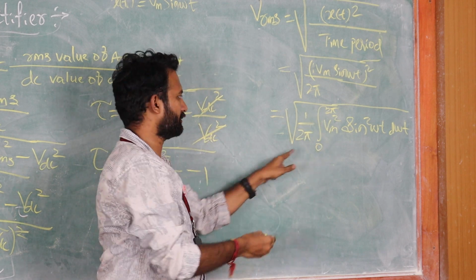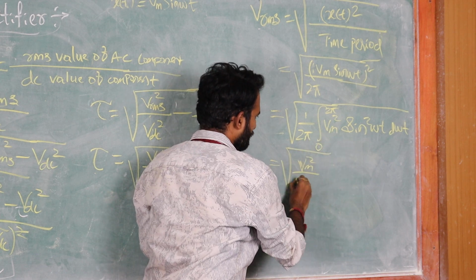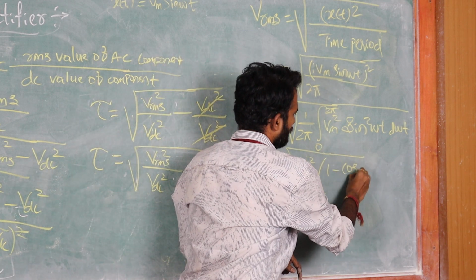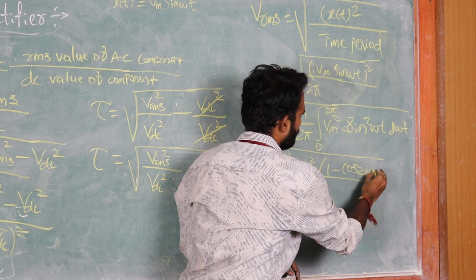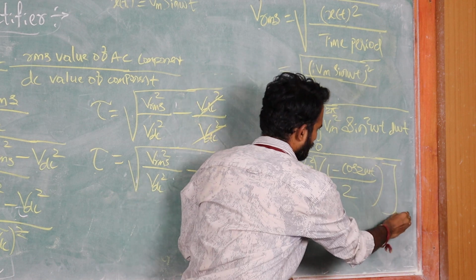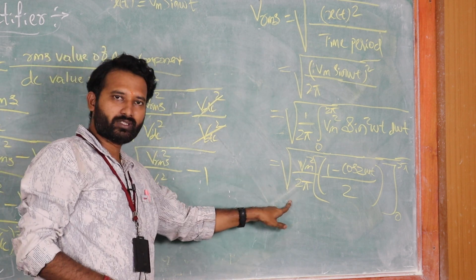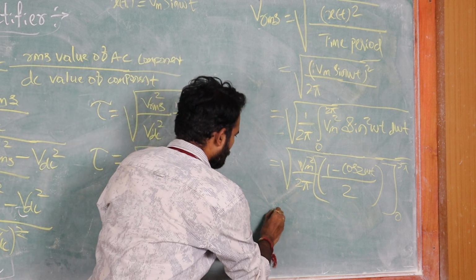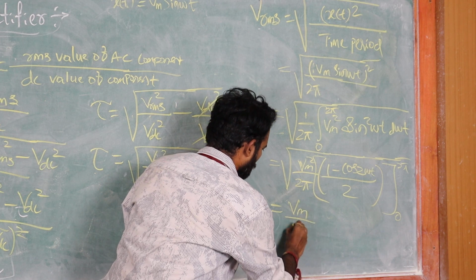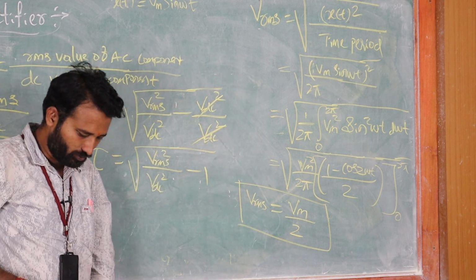By simplifying this, take Vm square outside, divided by 2 pi, the integration of sin square theta, which is (1 minus cos 2 omega t) divided by 2, in the range 0 to 2 pi. If you substitute the values here, you will get V_RMS is equal to Vm by 2. In the final, you will get V_RMS is equal to Vm by 2.